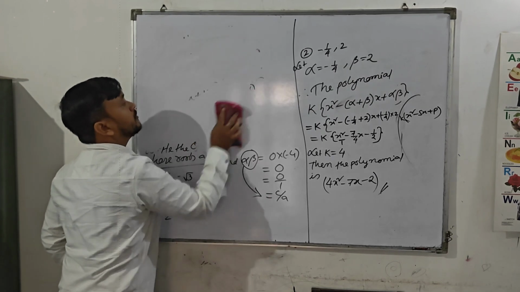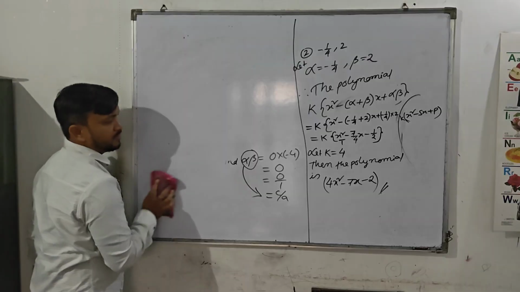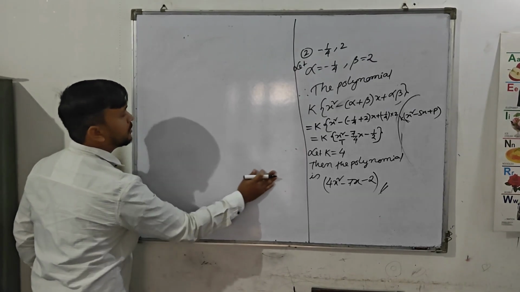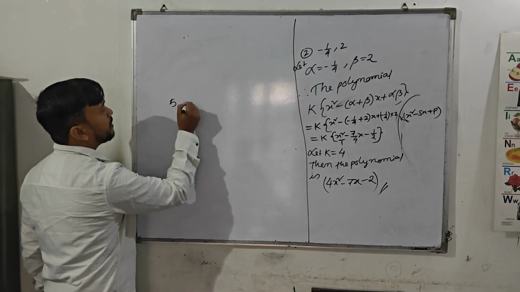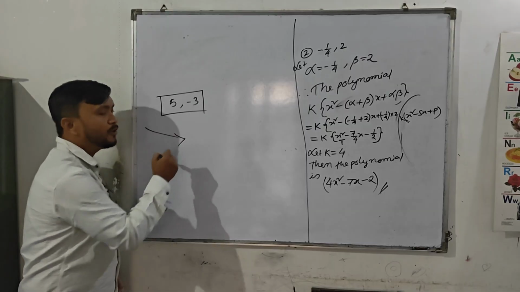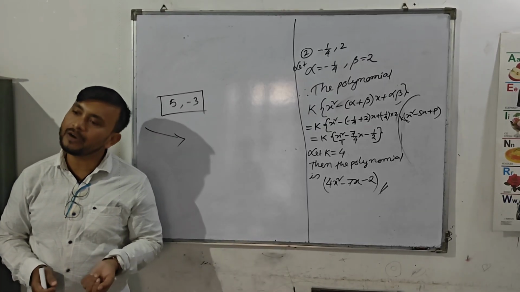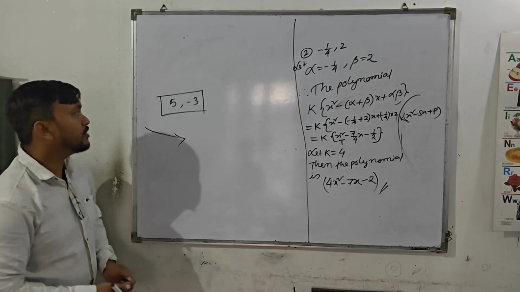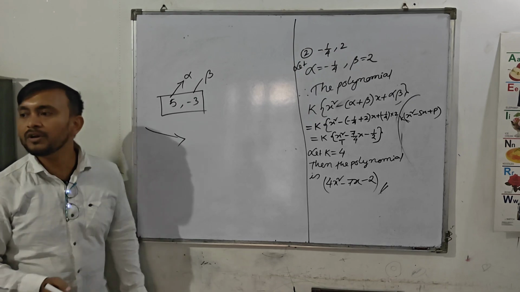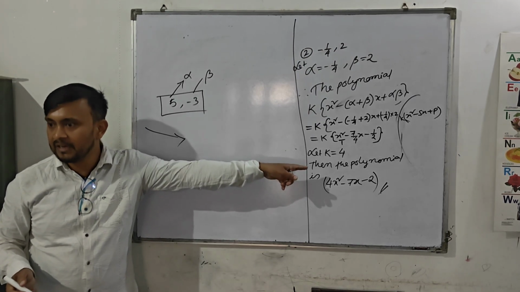One confusion may arise in your exam. Suppose 5 and minus 3 are given. Please write the polynomial for this. If you see this kind of question, read the question twice, because sometimes the question says these are zeros of the polynomial, then write the polynomial as we have done just now.